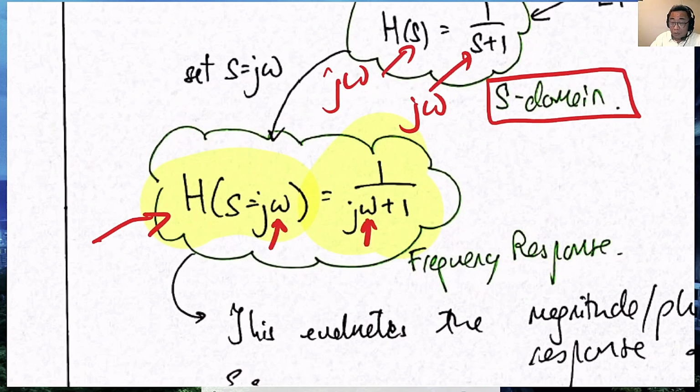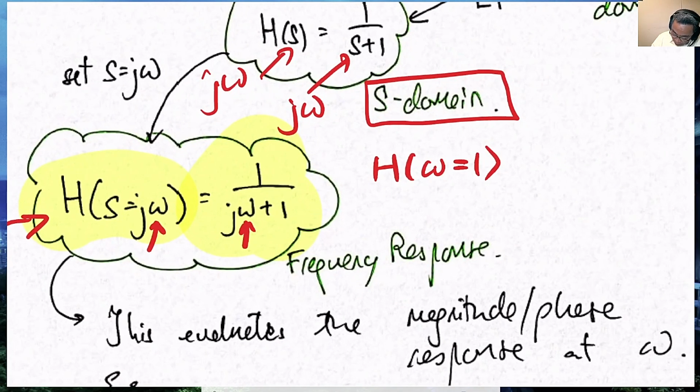So for example, you substitute 1, so we are evaluating H(s) at jω equals j1, which is 1 over j1 plus 1.